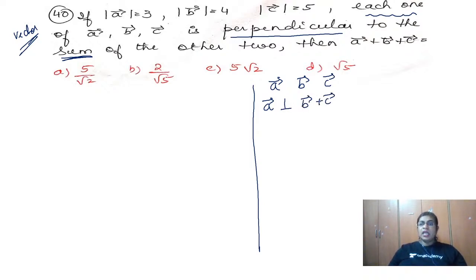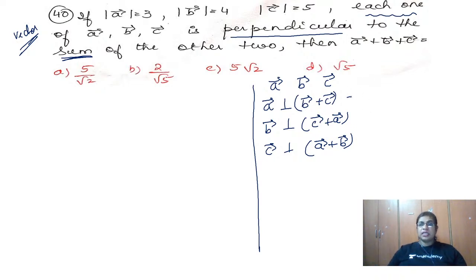B plus C. So now A is perpendicular to B plus C, given. And if I take B vector, it is perpendicular to the other two. Who is the other two? C plus A. Then if I take C vector, it is perpendicular. Who is the other two? A plus B.